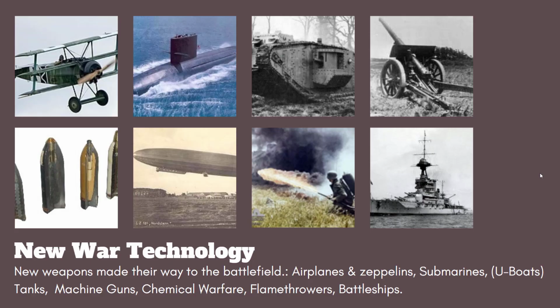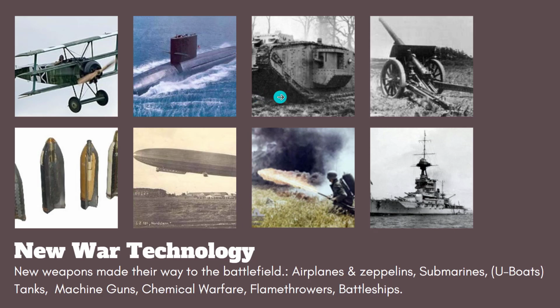So now we have some new war technology. There are new weapons because of industrialization making its way to the battlefield. Now we have things like airplanes and zeppelins, which is what you're seeing here, like blimps and airplanes. We also have submarines. The Germans called them U-boats.